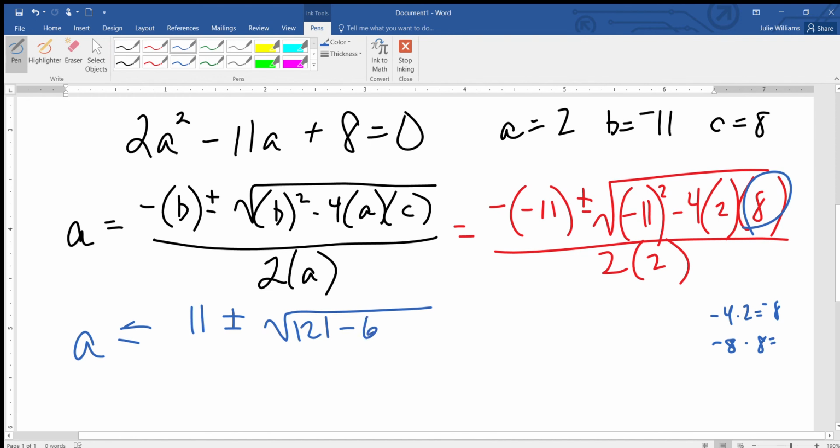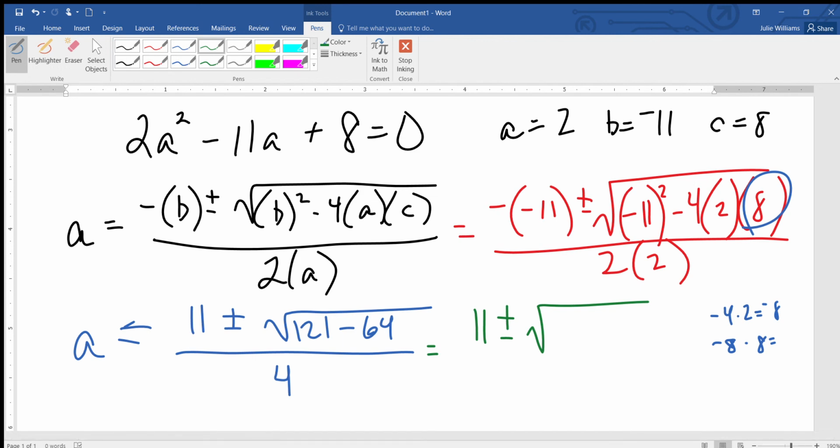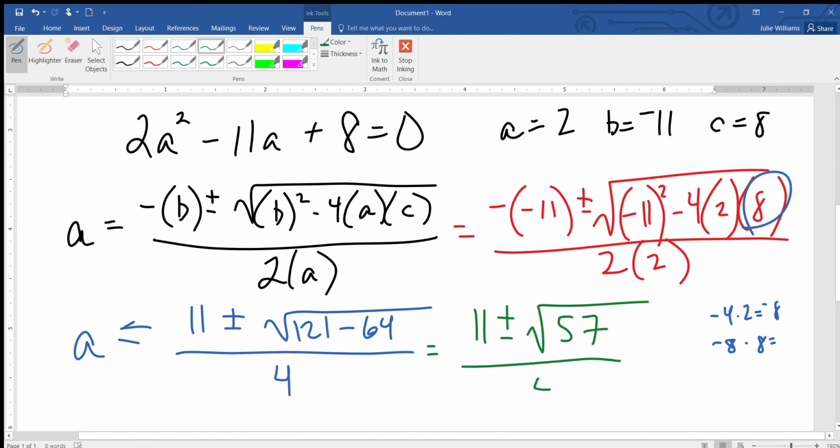So minus 64, all over 4. We need to simplify again, don't we? So that becomes 11 plus or minus the square root of 121 subtract 64, which is 57, all over 4.